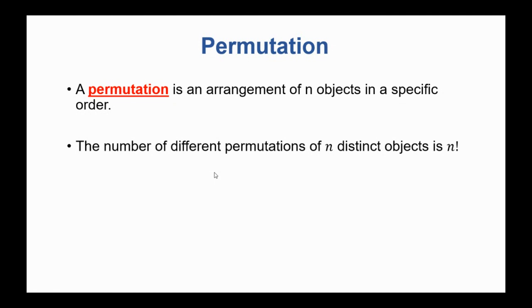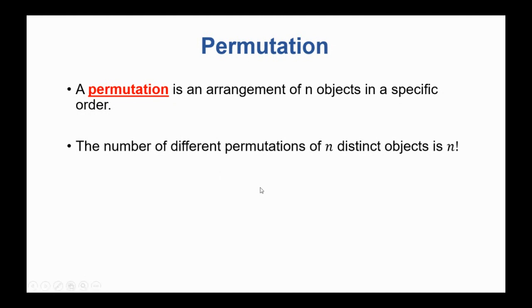So if we want to put all n of them in order, we can just do n factorial. But that's if everything was different and we wanted to use all of them.